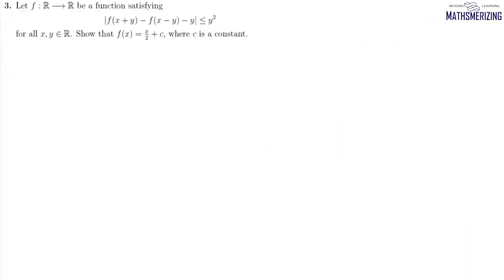Now question number 3 is, let this function f be defined from R to R such that mod of f(x+y) minus f(x-y) is always less than or equal to y squared. Now we need to show that f(x) is x/2 plus c, where c is a constant.